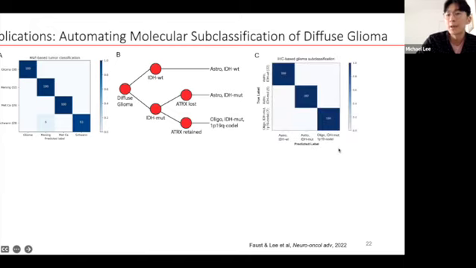And when we did that, we were able to reach a pretty solid confusion matrix. And despite the low sample size, I think this was a promising result that this workflow has potential. And so this was a proof of concept study that we did.